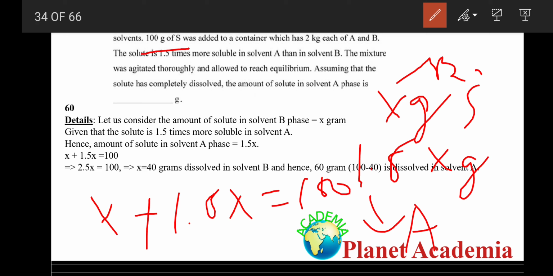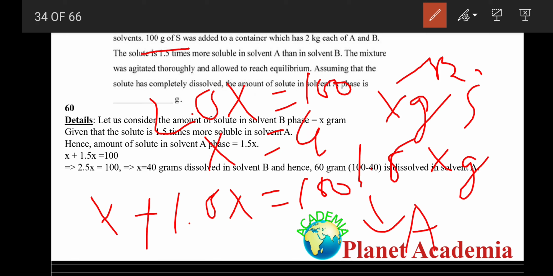Now just solve this. 2.5x equals 100, and when you solve this, x equals 40 gram. Answer.